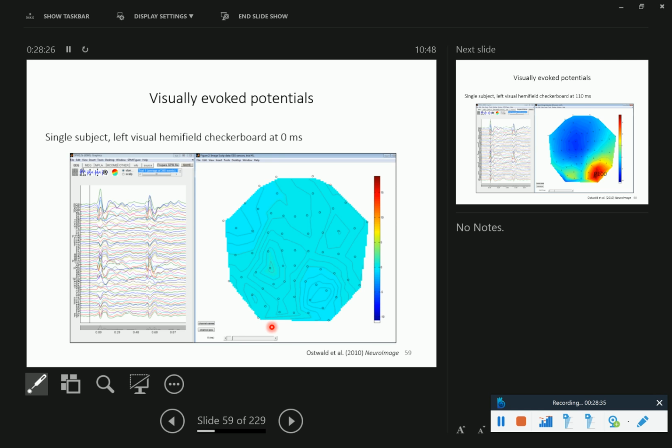So now this shows again this data, typical visually evoked potential data for a checkerboard from a single subject that was presented in the left visual hemifield, and we are looking here at the traces of all the electrodes, and here what is called, I think, a topo plot. What this shows is the arrangement of the electrodes in space.